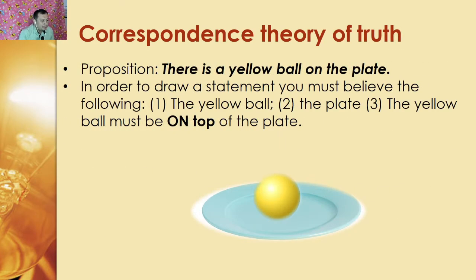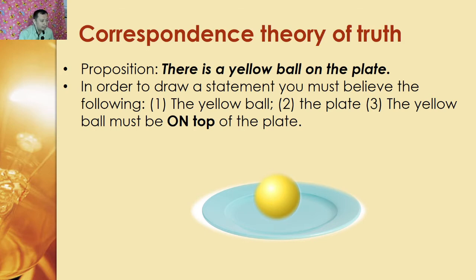So say for example, we have a proposition: there is a yellow ball on the plate. Let's say that this is not just a drawing, but this is actually real, and this is just an illustration. So in order to draw this statement, you must believe the following. First, the yellow ball; there is such a thing as the yellow ball. Second, the plate.